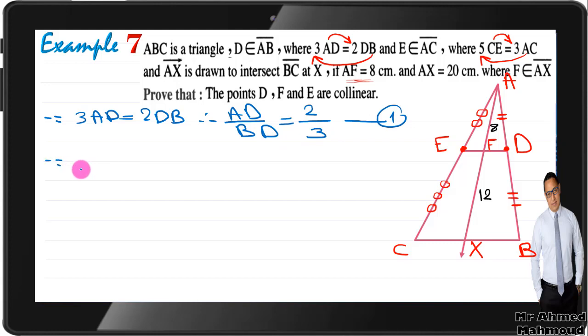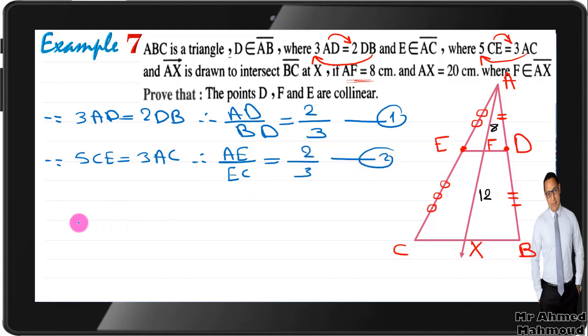And since 5CE equals 3AC, therefore AE over EC equals 2 over 3, and this is number 2.